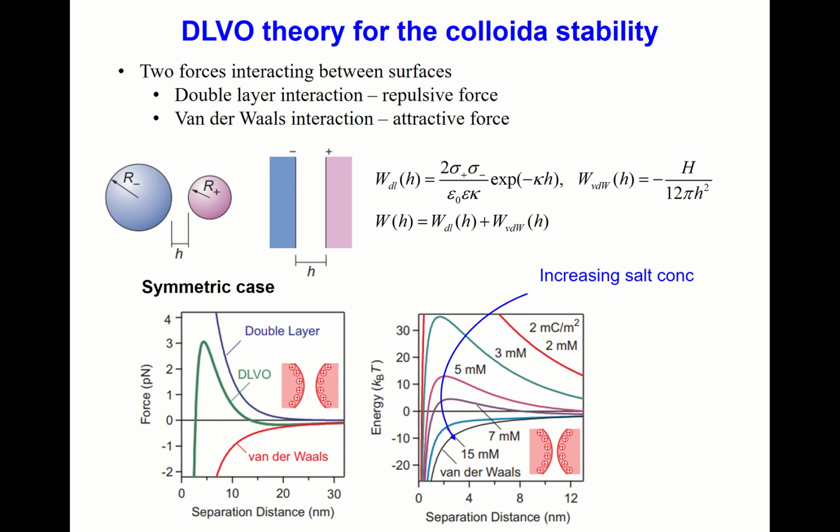To make the colloidal particles unstable, those particles must come together and make larger particles, and then due to gravitational force they may sink to the bottom.